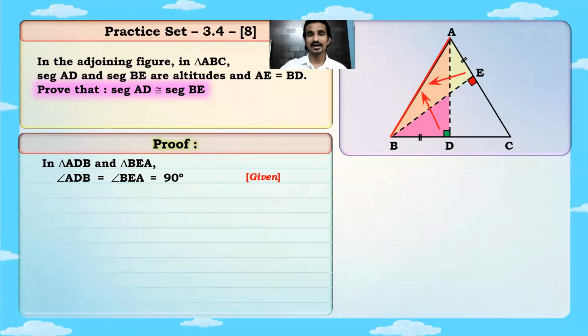Remember here, we are writing the measure, and that's why we are using the equal to sign. Write this, all of you: angle ADB equal to angle BEA equal to 90 degree. Sorry for the background noise. Please see the screen and write down the second statement: triangle ADB congruent to triangle BEA.